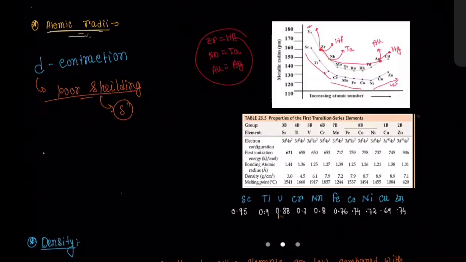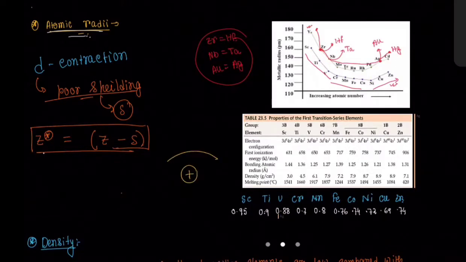Shielding is something, let's write an equation: Z star equals Z minus S. Remember this equation, where Z star is the effective nuclear charge, Z is the nuclear charge, and S is the screening constant. So what is screening? Let's say there is a nucleus having Z amount of nuclear charge, and there is an electron over here. This electron, which is supposed to get the Z amount of attraction, won't get the same.